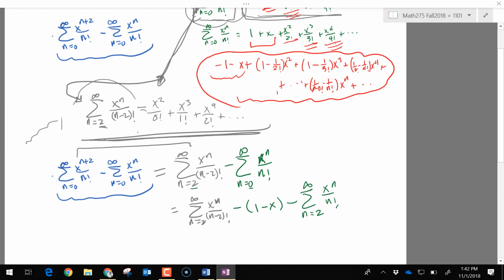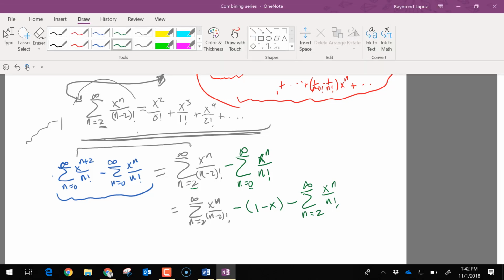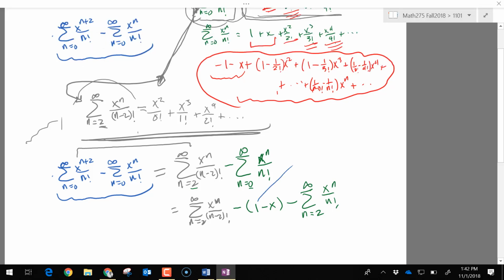So you see what I did here? I took out n is equal to 0, and n is equal to 1, so that now I'm starting with n is equal to 2.